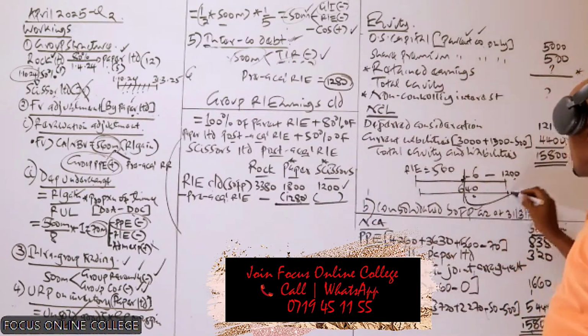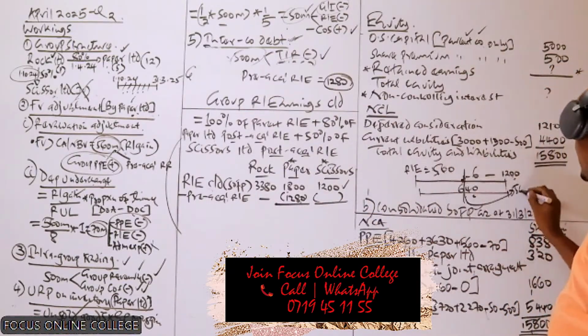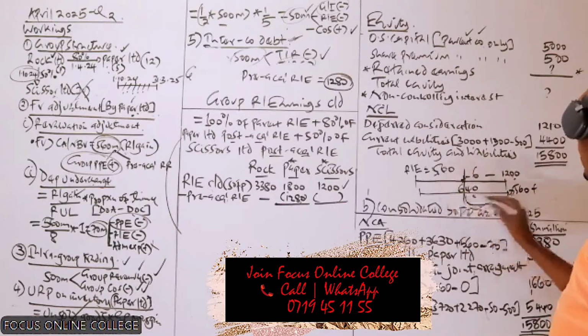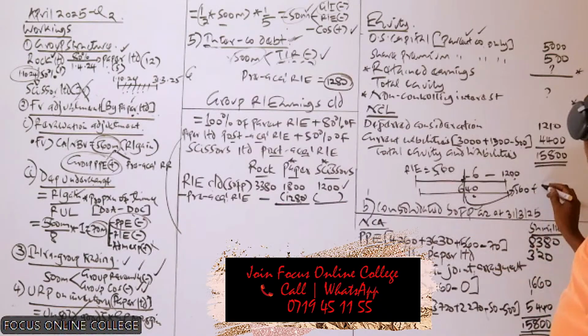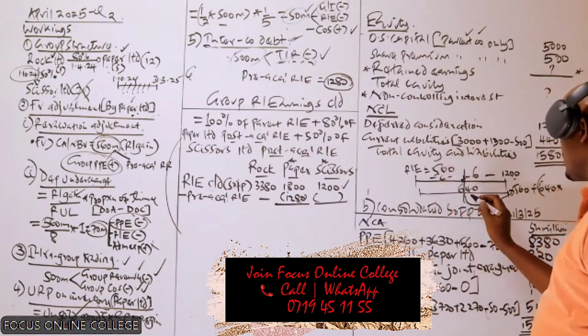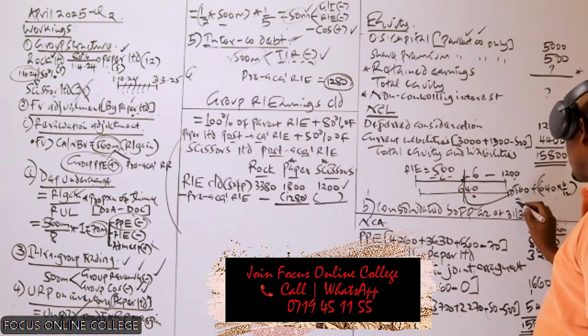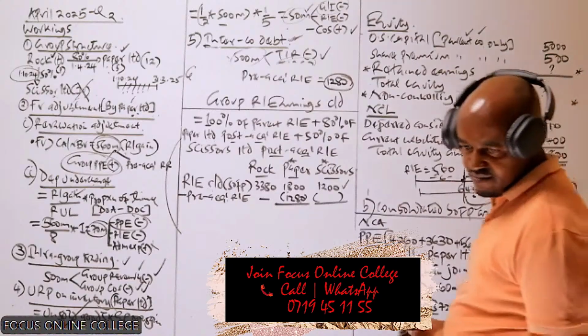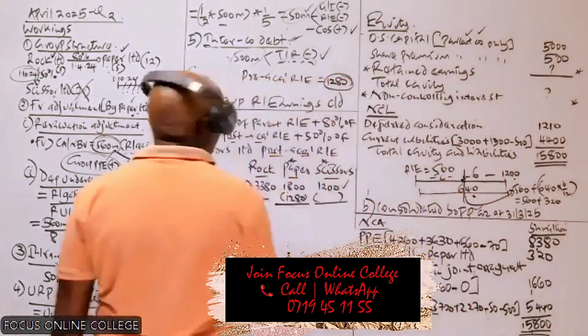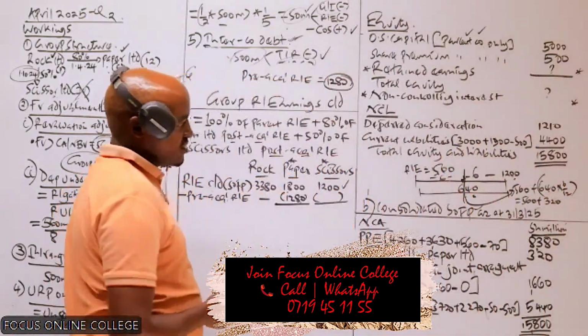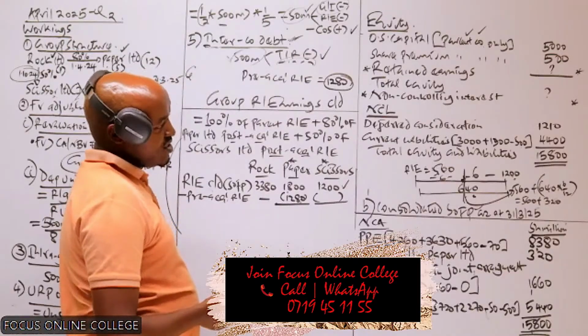We take the start, 560, and then for the whole year 640, and because we have 6 months, we get half of this, multiplying by 6 over 12. So we take 560 plus 320.